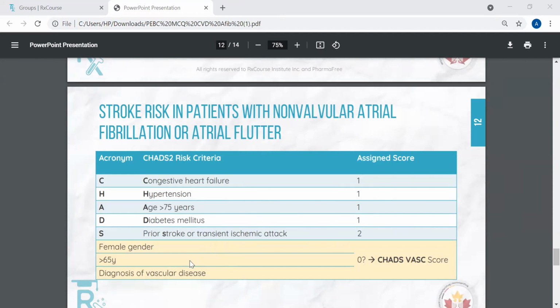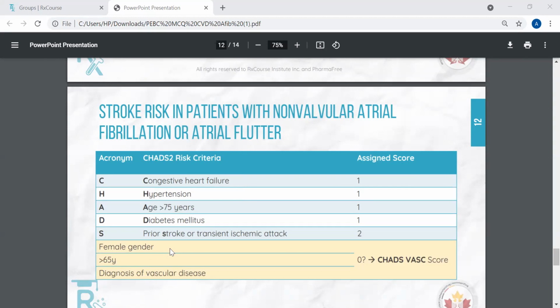HAS, H-A-S, BLED, B-L-E-D. Each letter reflects something, and each letter gives a point. H for hypertension gives a point. A, if there is abnormal liver function, it gives a point. Also abnormal kidney function gives a point.